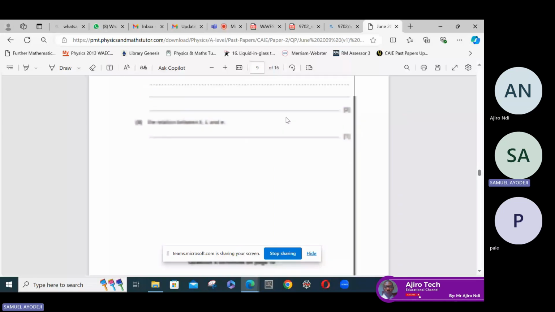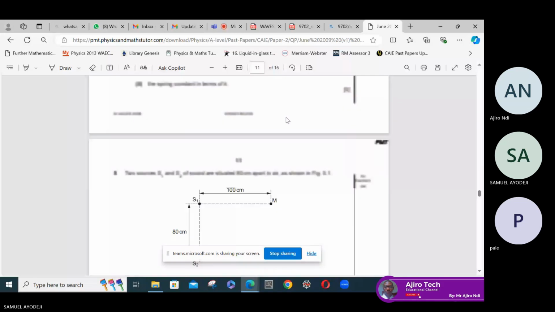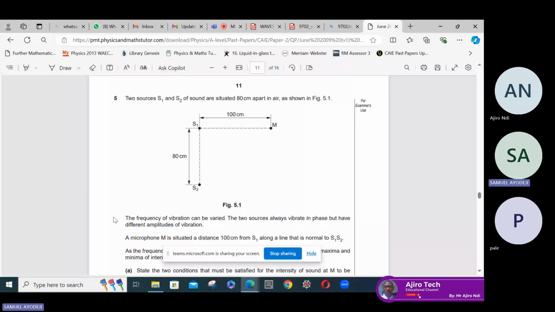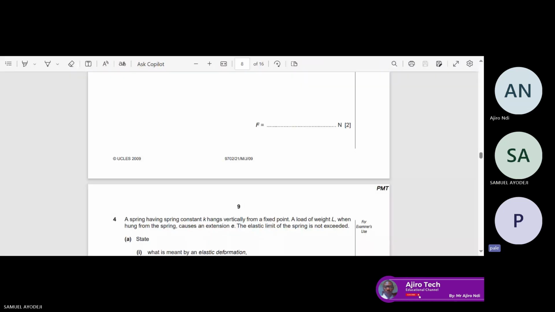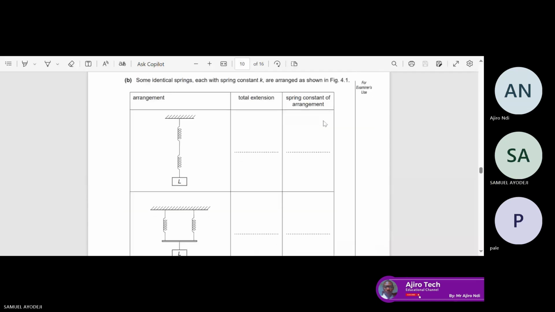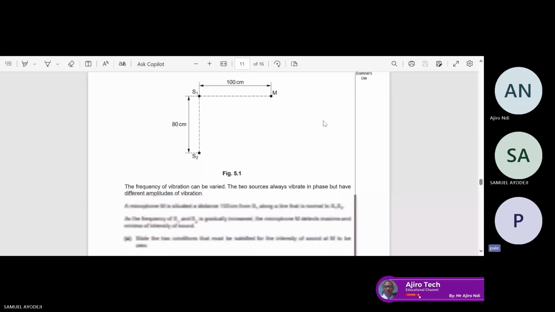Is it this? Cross check the question. I can't see. Okay, okay, don't worry. You said number 5. This one? Yes, yes. That one. Okay.